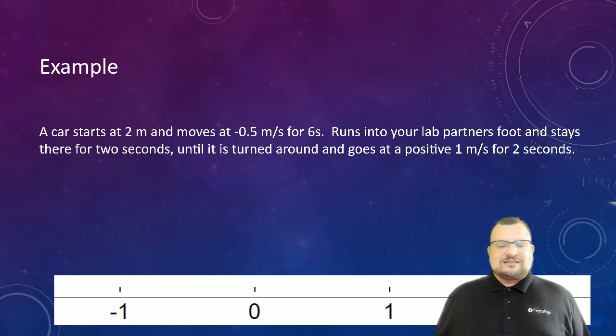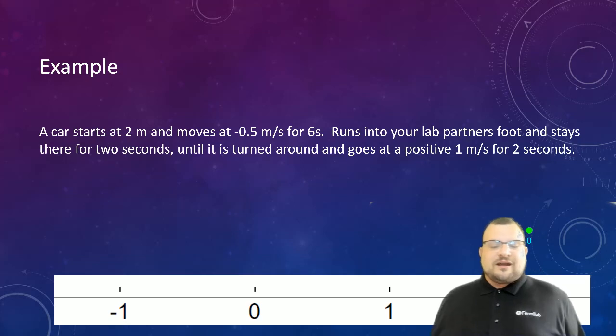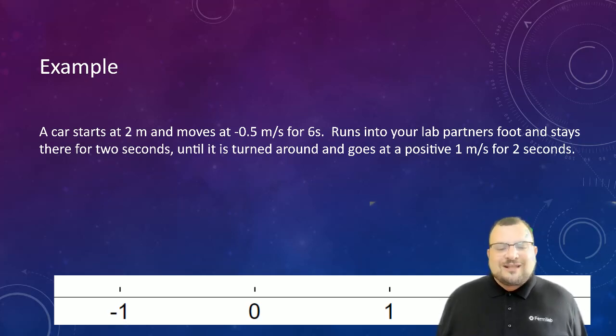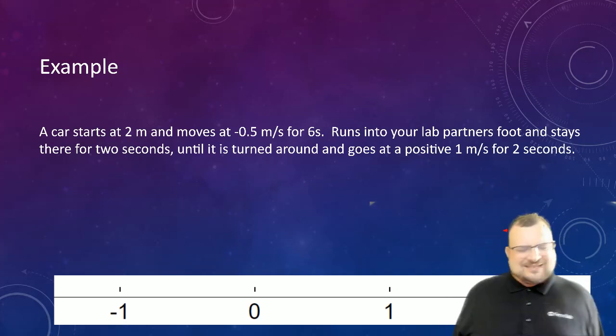So at 0 seconds, we are sitting here at 2 meters, and we have a velocity of negative 0.5 meters per second. So I'm going to draw my arrow in the negative direction, and I'm going to draw it like this. You'll notice that I'm drawing the arrows relatively short in order to make sure that I have room to draw and it doesn't look too messy.